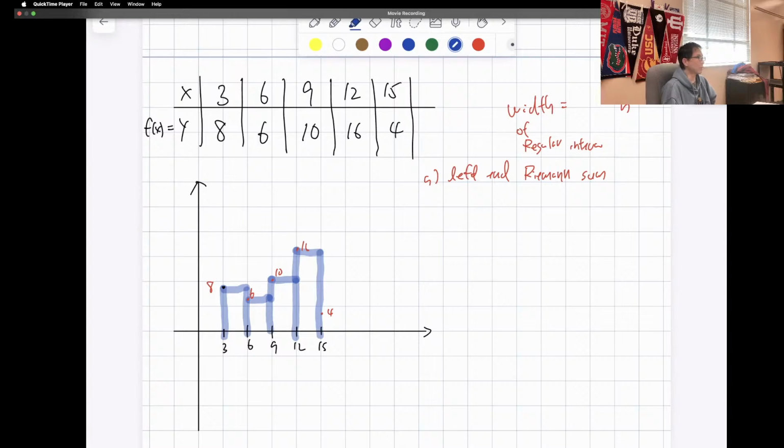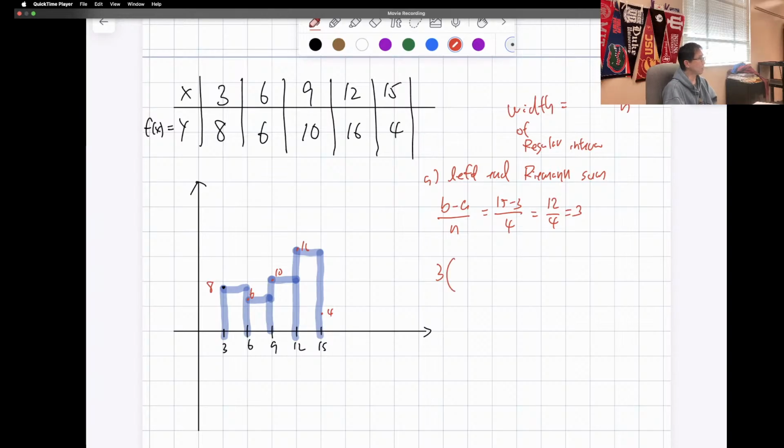The easiest way to write the approximation is to figure out the width. What's the width of each rectangle? 3. Great, but we also get it by b minus a over n, right? So that's 15 minus 3 over 4 spaces, so that's 12 over 4, which is equal to 3.